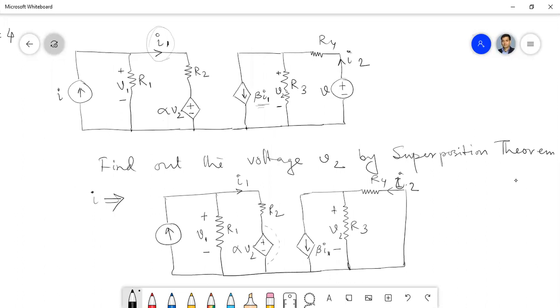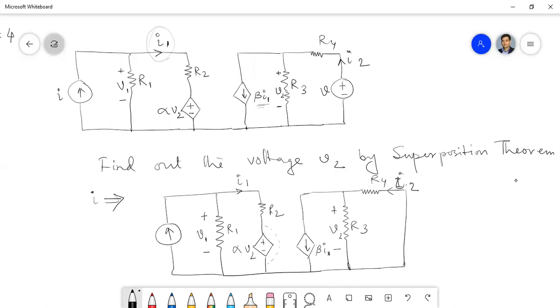But V2 is not 0. V2 can be any other value, because V2 is the drop across the resistance. How can it be 0? V2 is not a source. V2 is the drop across a passive element, R3. So it cannot be 0. So you cannot make this alpha V2 off.